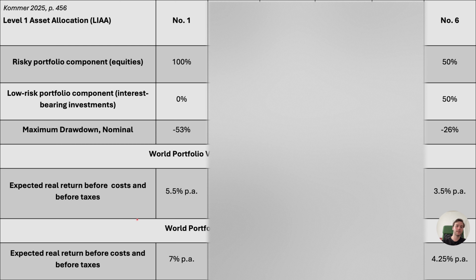But of course, for the people that are into factor investing and believe in Commer's idea, at least these are the numbers he thinks are likely for factor investing, which he thinks will be higher than for market neutral investing. So if you need to reference this, maybe take a screenshot.